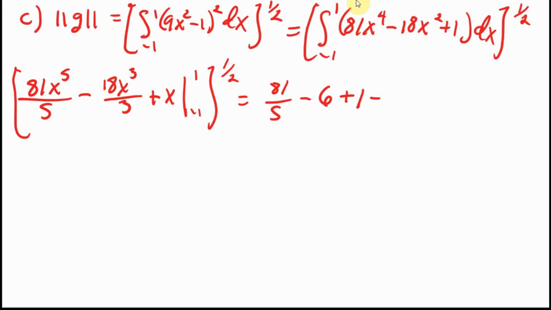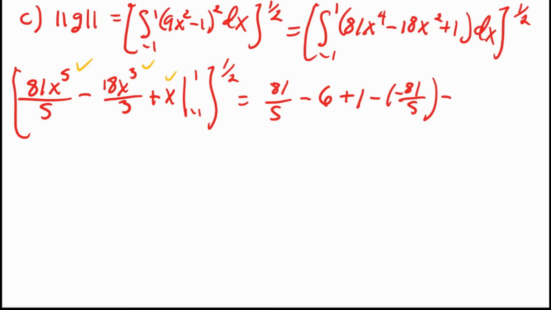Here is x to the fifth. If x is negative 1, it's going to be a minus, so we get minus 81 over 5. And all these terms are odd, so because they're odd, they maintain their sign. So this is positive 81 over 5. Negative and negative becomes still positive 81 over 5.